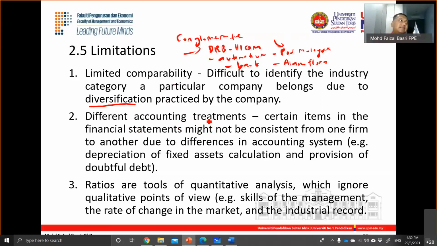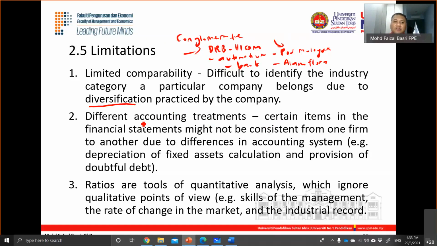For example, I don't know, Sony. I'm not sure whether Sony is listed, but let's say Sony. Make sure when you take Sony Malaysia, don't take Sony Japan.